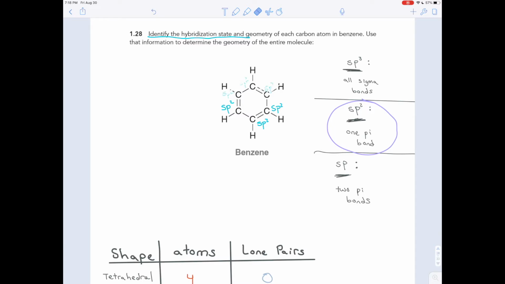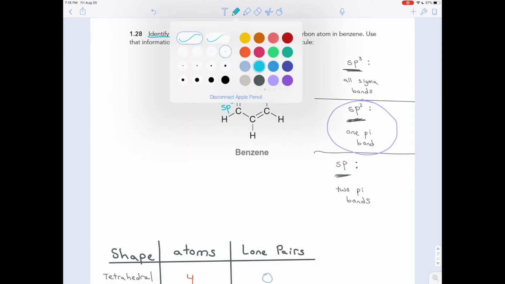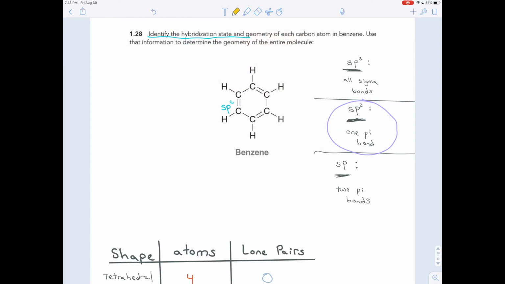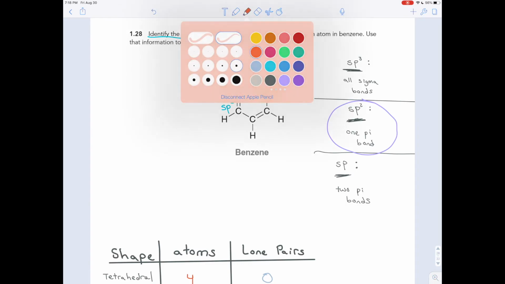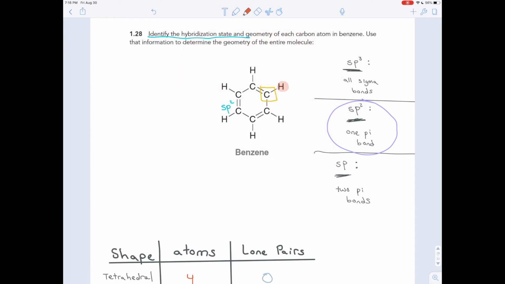I'm going to erase these to leave some space here, to make it look a little simpler and clearer. Let's try to find the shape around one of these carbons. Now if you notice, all the carbons are in a symmetrical relationship, so they're all going to have the same shape. I'm just going to pick this one over here. And we want to ask ourselves, how many atoms is that bonded to? Well, 1, 2, 3. So that's bonded to 3 atoms.